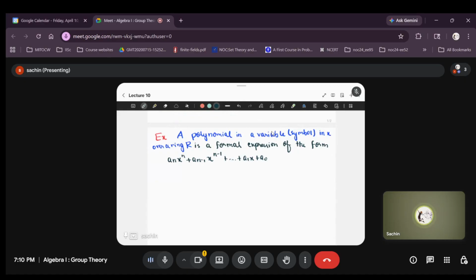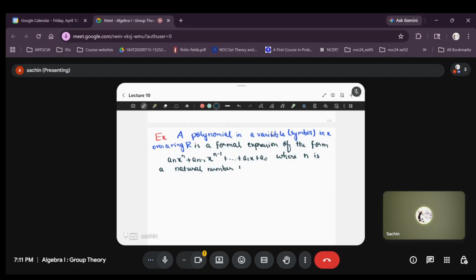So any expression of this form, you have powers of x and you have a coefficient next to each power of x, and then you have some of these terms. Where n is a natural number, so you cannot have negative powers.